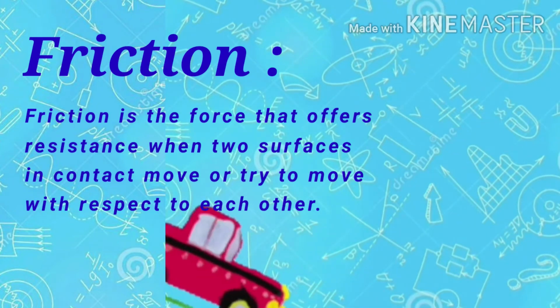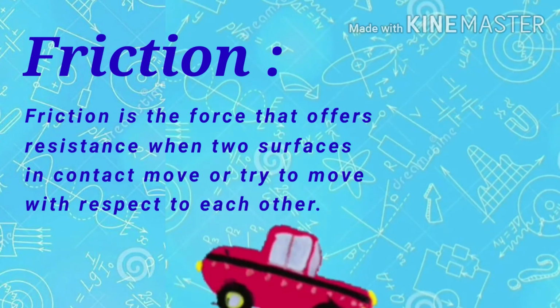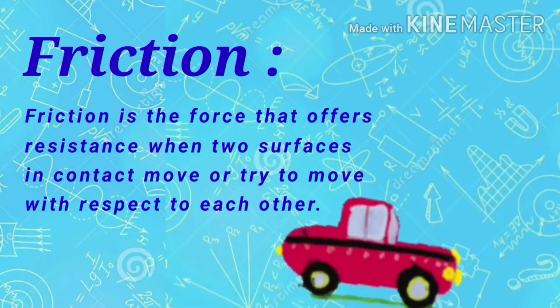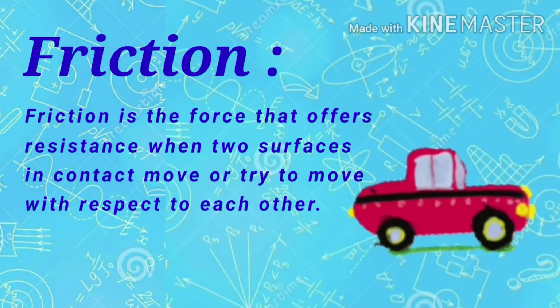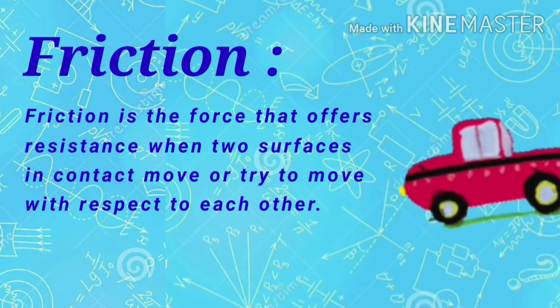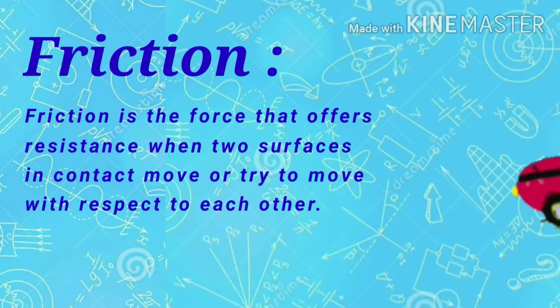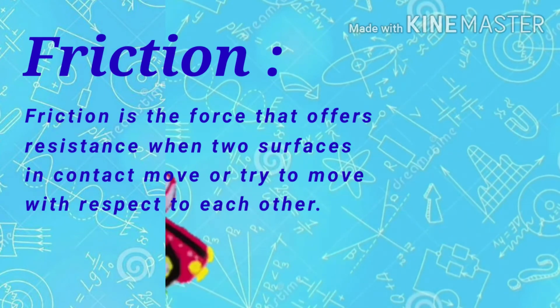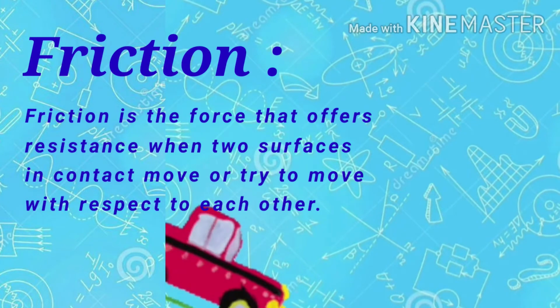So friction opposes the motion of an object. It acts between two surfaces in contact that slide or tend to slide over one another. Friction can also be defined as resistance to the motion experienced when two surfaces in contact move with respect to each other. ये फ्रिक्शन हमारे बहुत काम आता है हमारी डे टू डे लाइफ में. जैसे हम पेन से लिखते हैं तो फ्रिक्शनल फोर्स पेपर पर लिखने में हेल्प करता है. We are able to walk or run because of the friction.